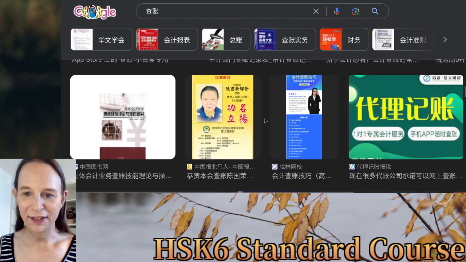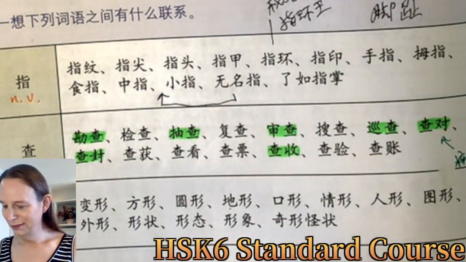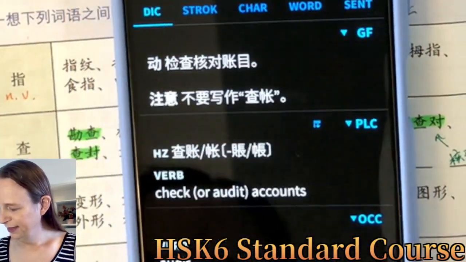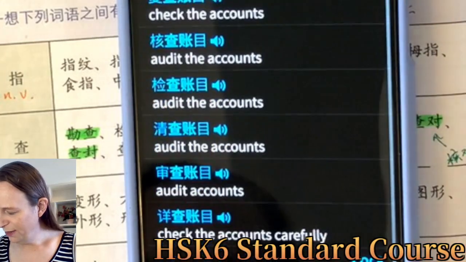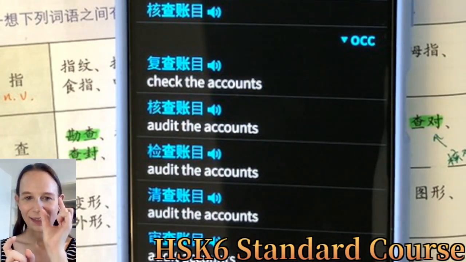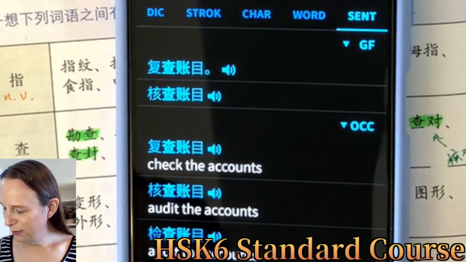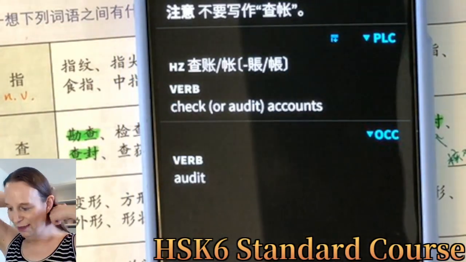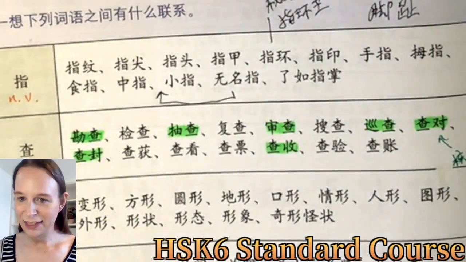Yeah, I think this is just two words. So there's no examples, right? These are all just sentences that happen to have cha and zhang next to each other. 复查账目. This one. 查账. 检查核对账目. Okay. 账目, all right.